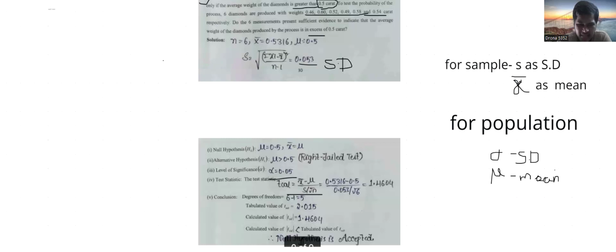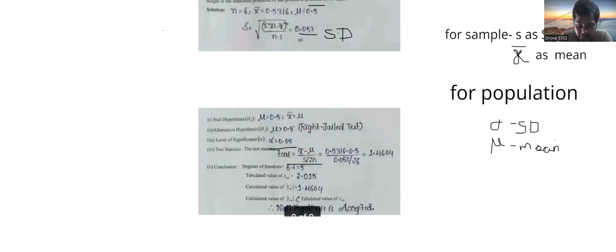Here the degrees of freedom will be 6 minus 1 equals 5. The tabulated value as per the table is 2.015. And here we get the calculated value less than the tabulated value, so the null hypothesis is accepted.